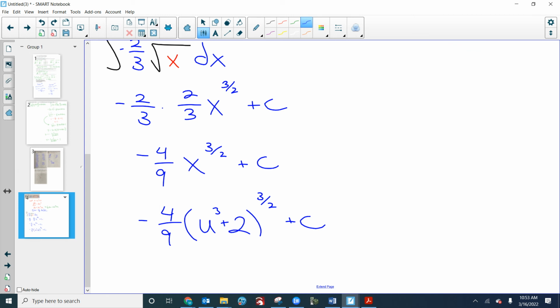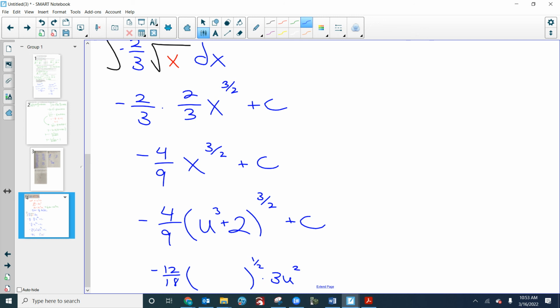Can we check it? 3/2 times -4/9 is -12/18. Remember that. -12. I guess you don't have to remember it. I just wrote it down. Times u cubed plus 2 to the 1/2 times 3u squared.